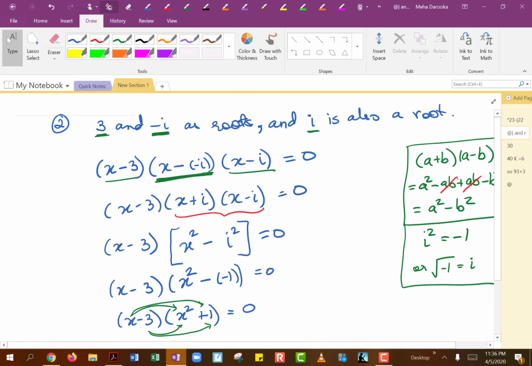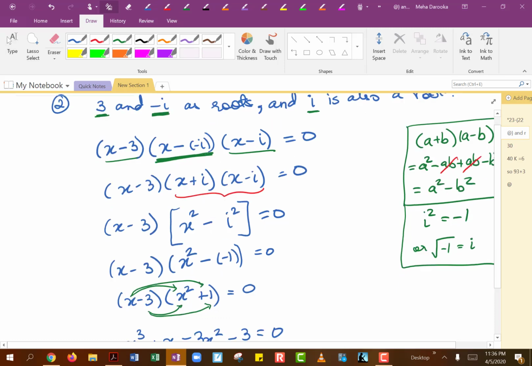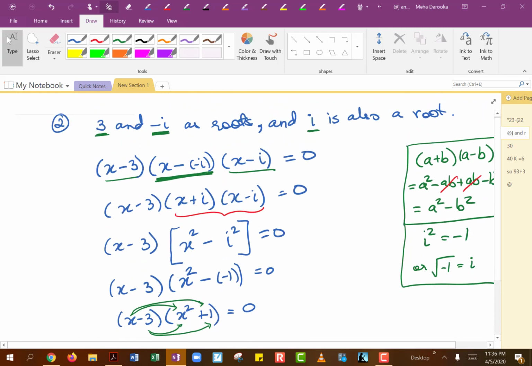But because of the conjugate pairs theorem, we know if negative i is a root, that means positive i is also a root. And if it's a positive root, you will have x minus that number. If it's a negative root, like you had negative i, then your factor ends up becoming x plus i, okay?